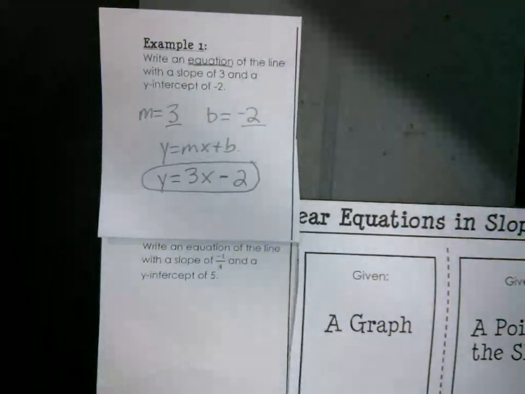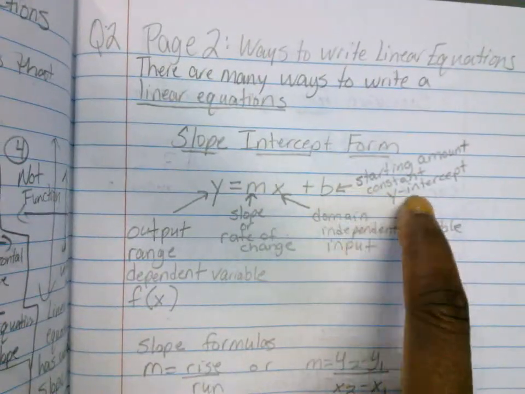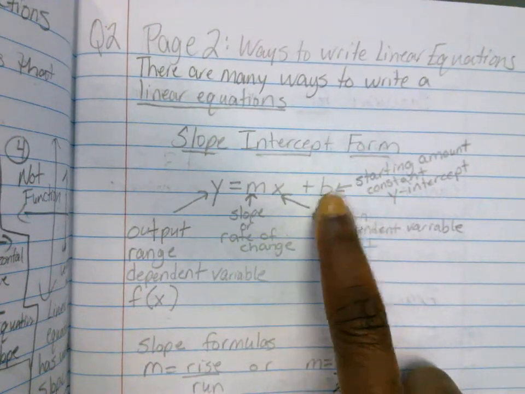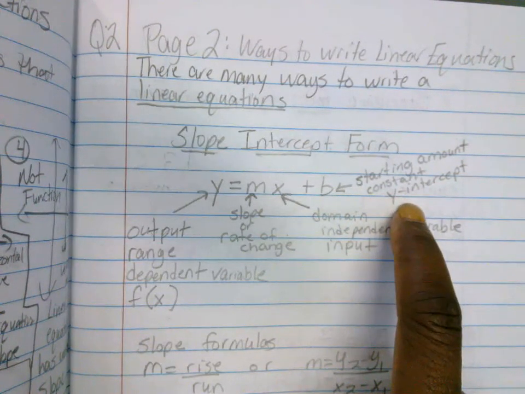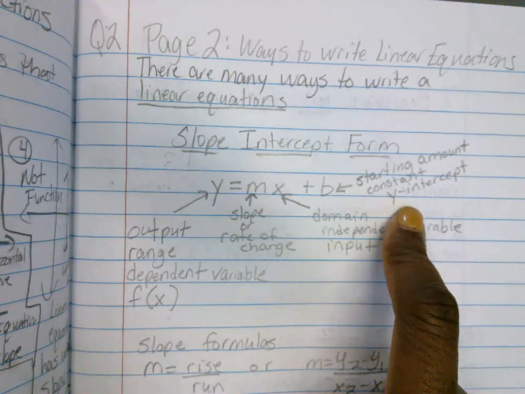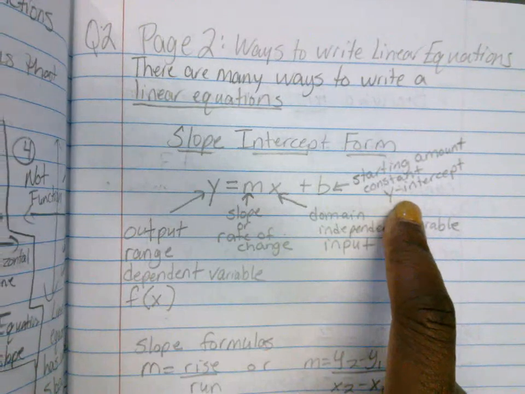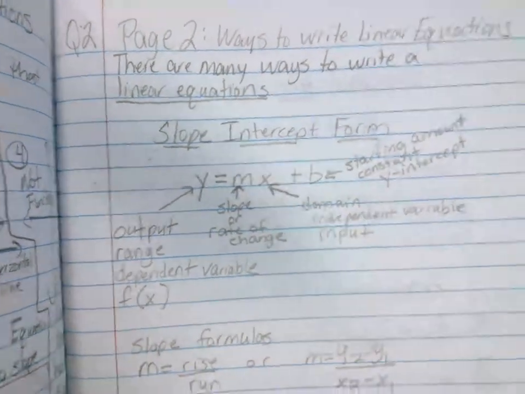I told you to study your notes. Do you see y-intercept is b? It's page 2. The first thing is yellow. Okay. You got it now?